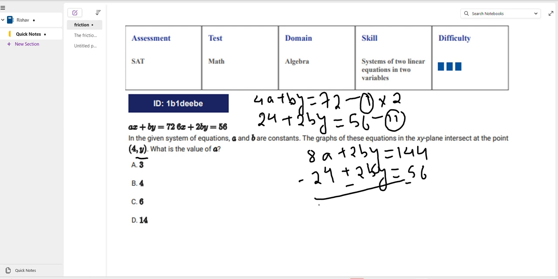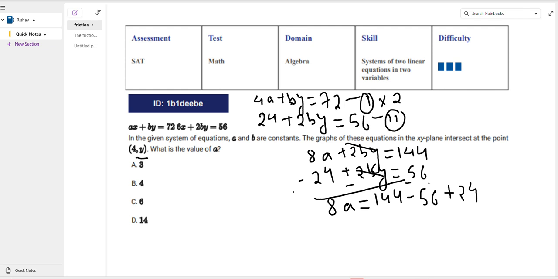We get that this portion is cancelled. 8a on the left side, and 144 minus 56. Now when this 24 goes to the right side, it becomes plus 24, which is 144 minus 56 plus 24.